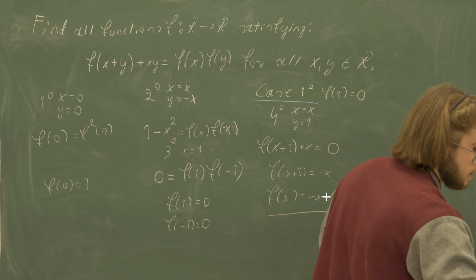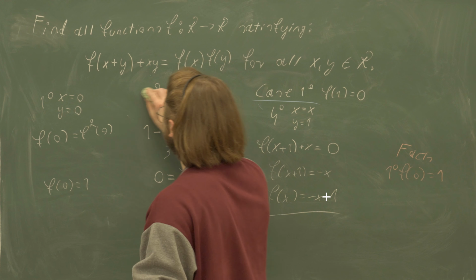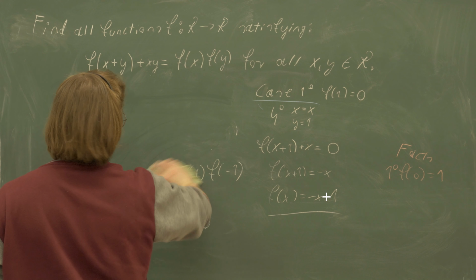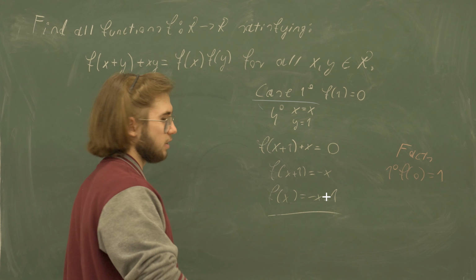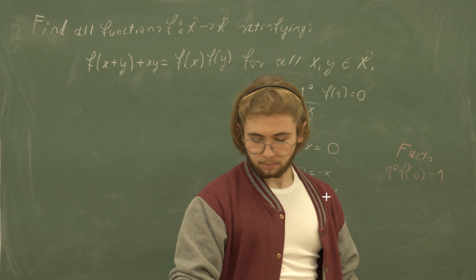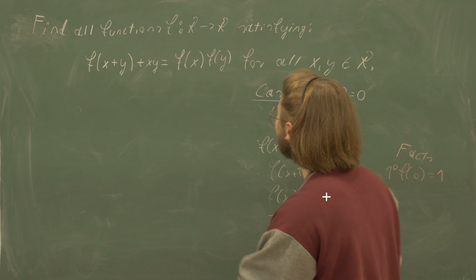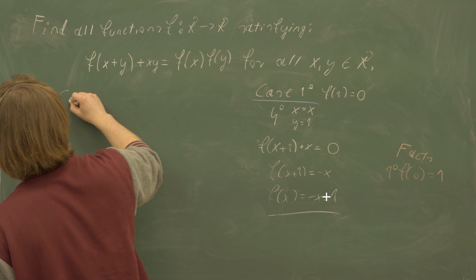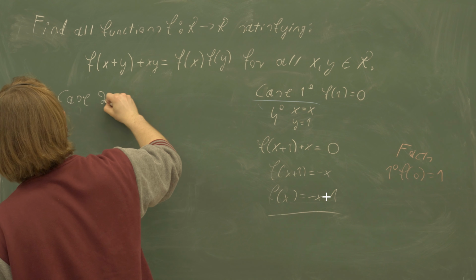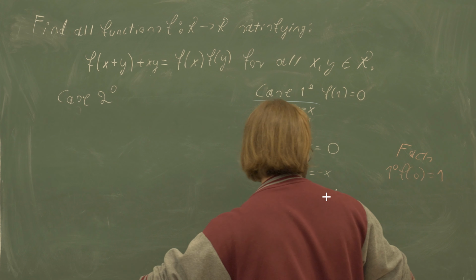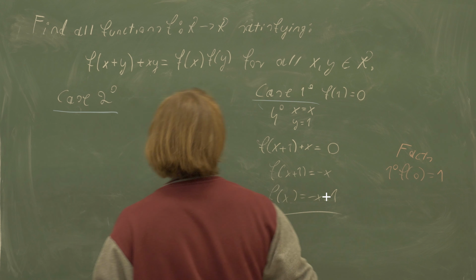So now let me make some space here. I will erase those first substitutions we made. Oh, my camera's about to overheat, so I have to hurry even more. For case number 2, let me once again grab my fancy blue chalk.